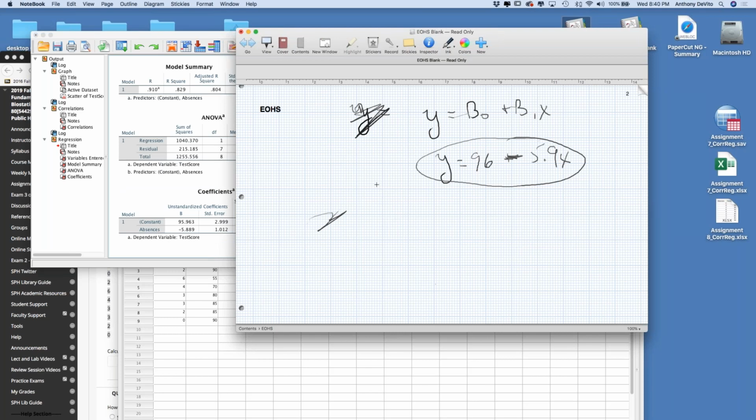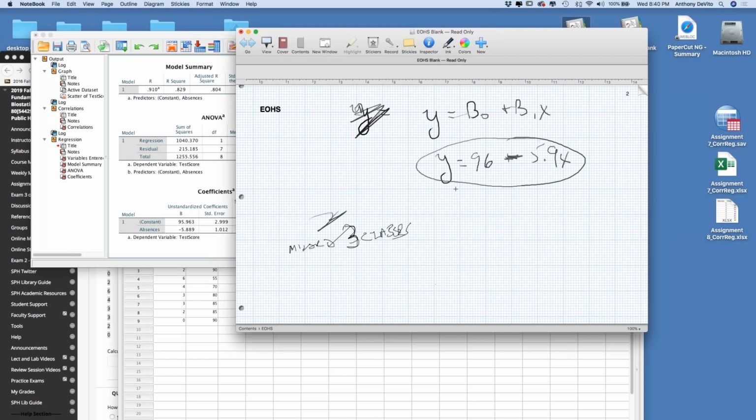So now what good does that do me? Well, it tells you a couple of things. Number one, it gives you some measure of predictability. So for instance, if I told you that a student missed 3 classes, what would you predict using this formula that his test score would be?